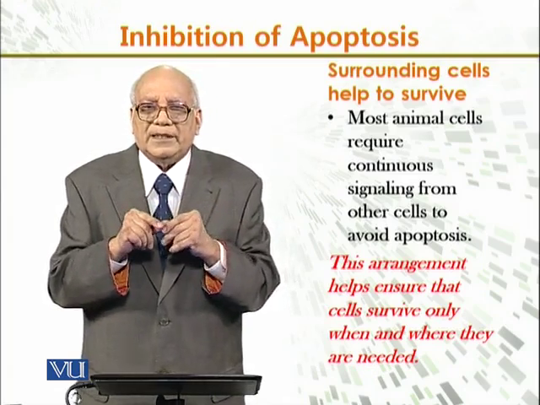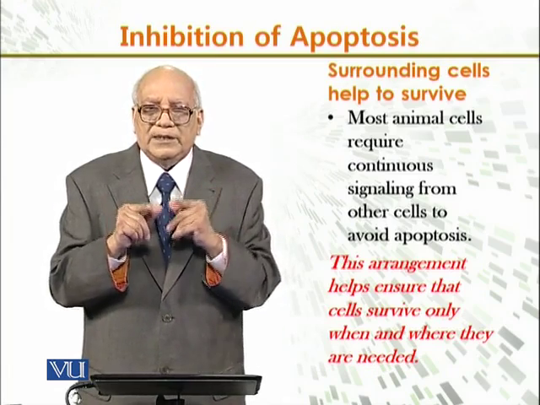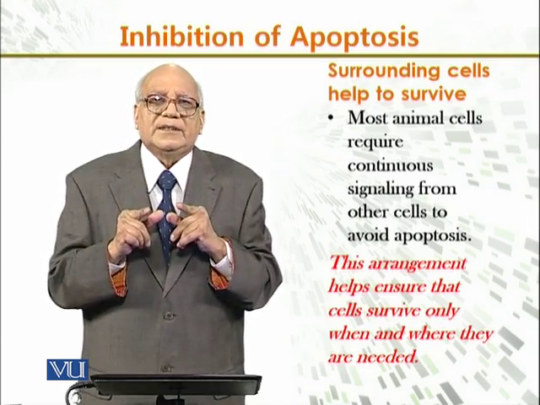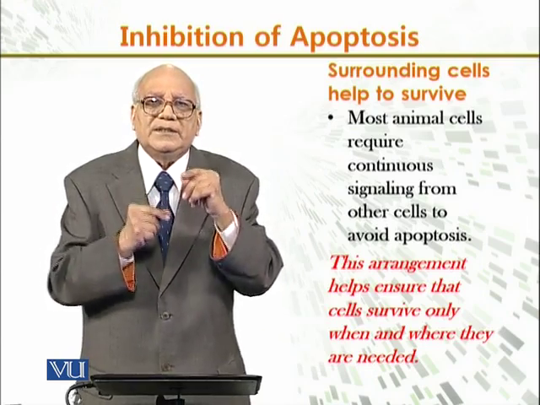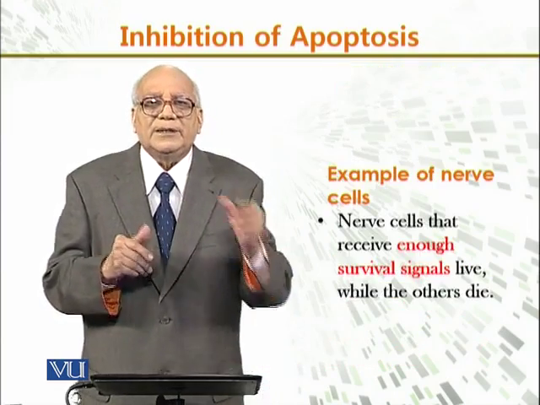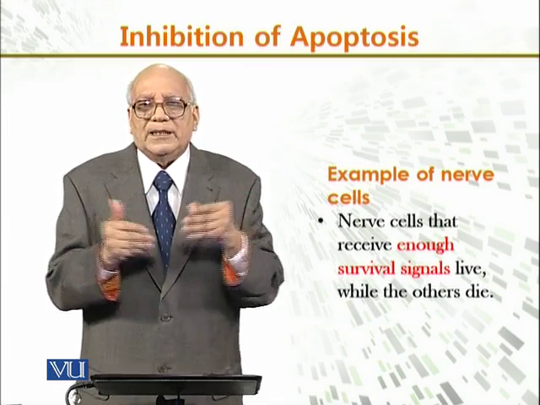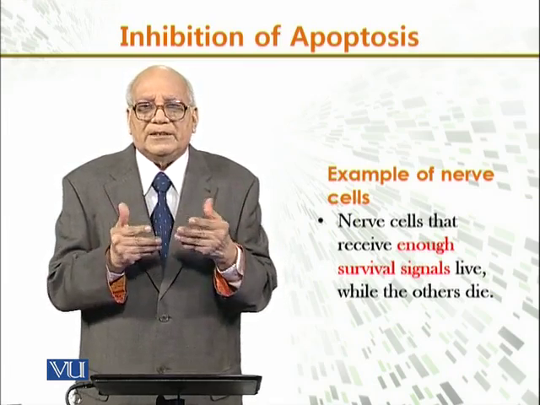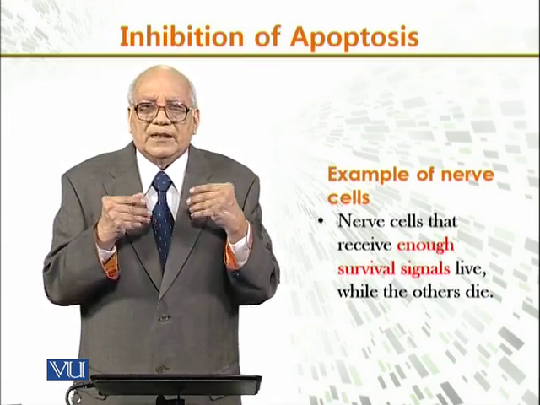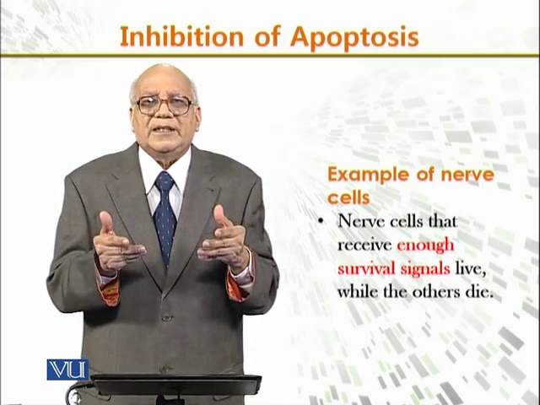Now, this arrangement helps ensure that cells survive only when and where they are needed. चुनांचे वो वहीं जहाँ उनकी ज़रूरत है वहीं रहेंगे, and there will be a control. A good example is a nerve cell. The nerve cells that receive enough survival signal live while the others die.